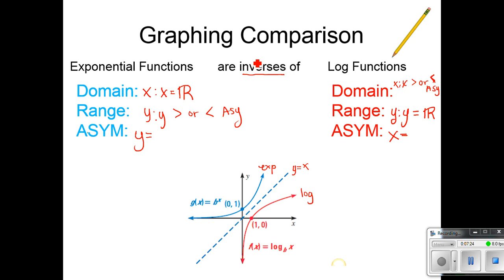So they are inverses of each other, which makes them pretty cool. And it's easier to graph exponents. So if we take all our logs and put them in exponent form, it's going to make graphing logs so much easier. Okay, let's try a couple more now that you've seen how exponents and logs are related.